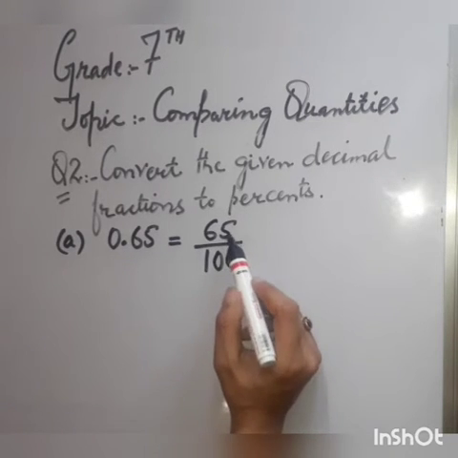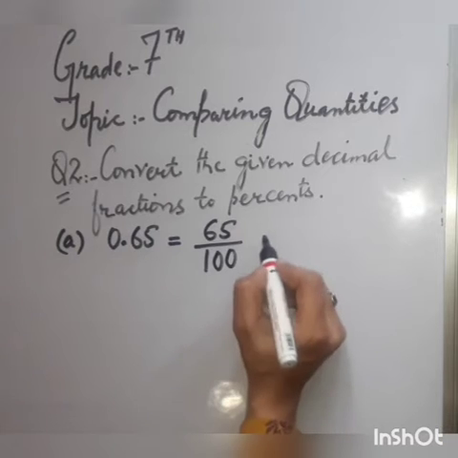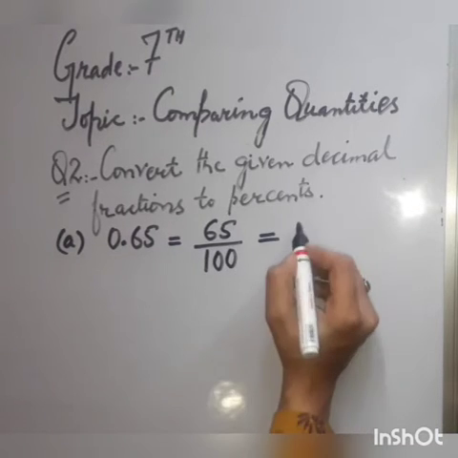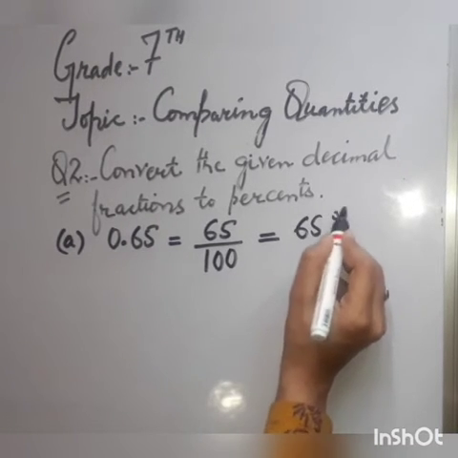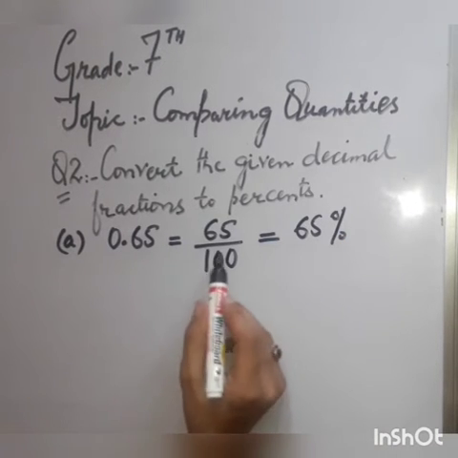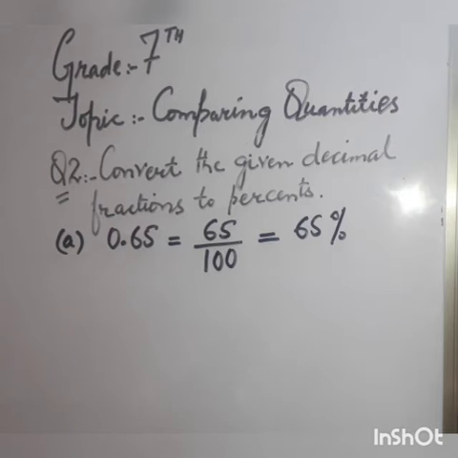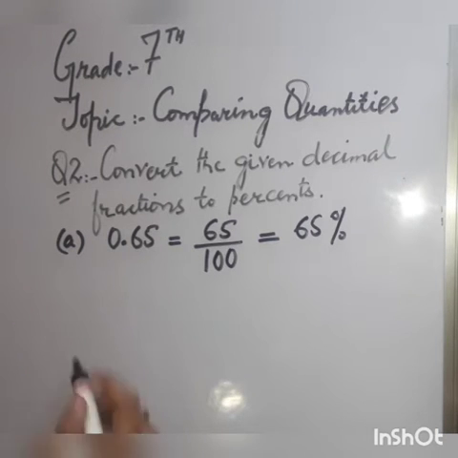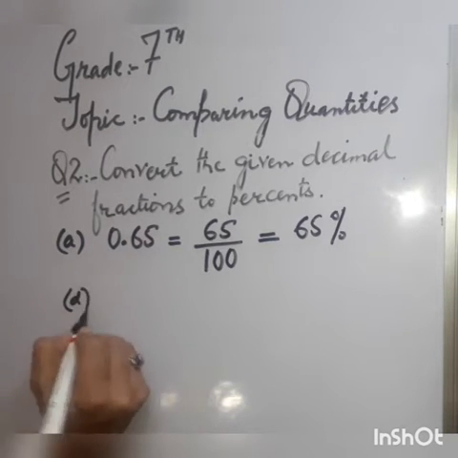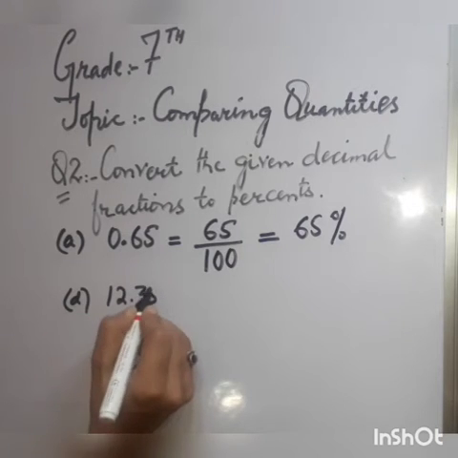Now to write this 65 by 100 as a percentage, we'll simply remove this 100 and write this as 65%. Because the denominator was 100, that's why we simply write it as 65%. Clear? Now, part D here is 12.35.